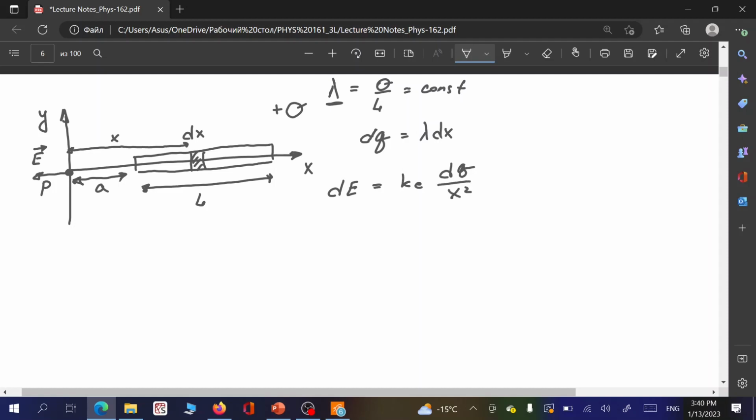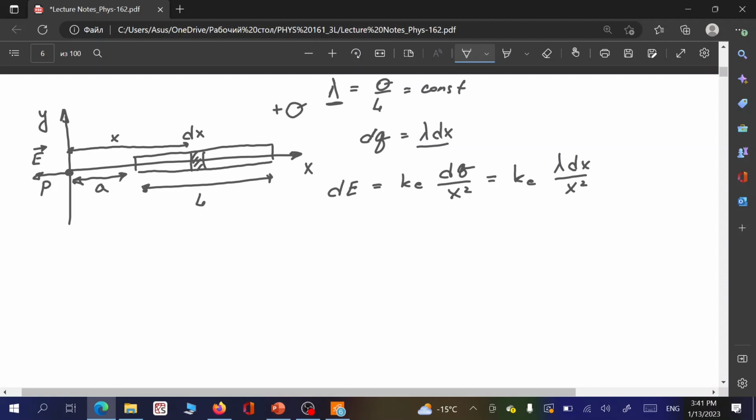So electric charge over the distance to the point in second power. Now we substitute dq with this expression: Ke times lambda dx over x squared.